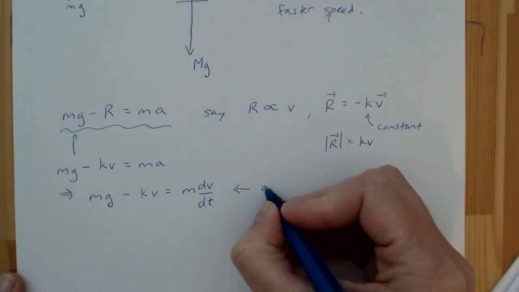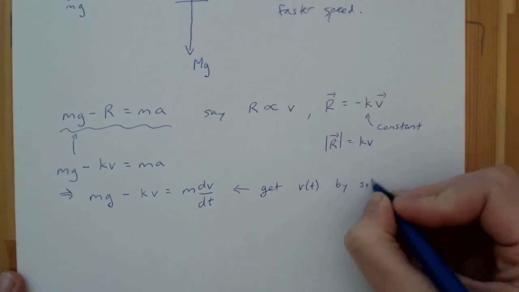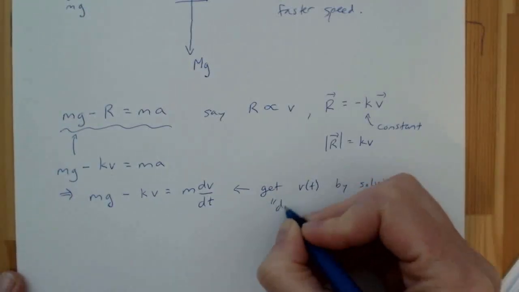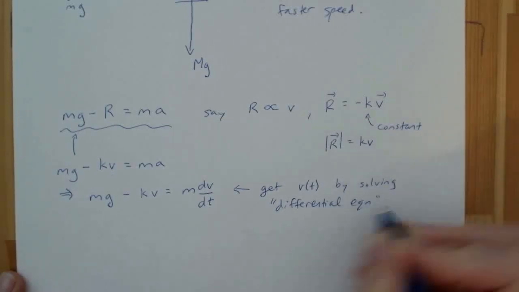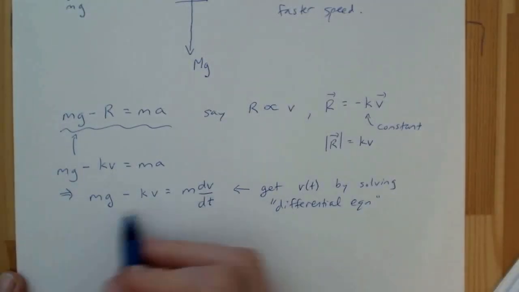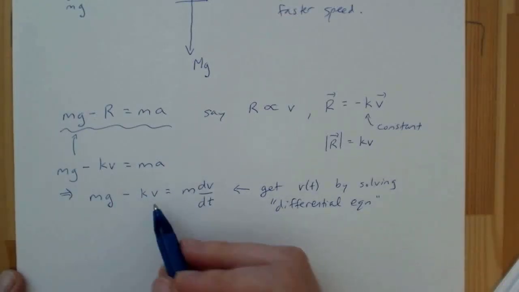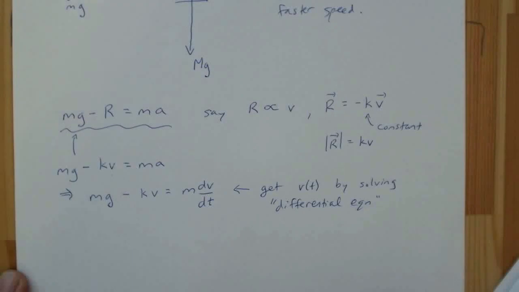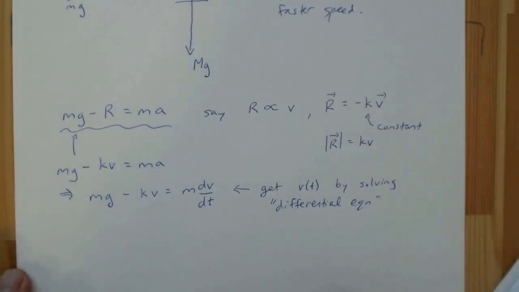So you can get velocity as a function of time by solving this so-called differential equation. And the reason it's a differential equation is because it's not our standard algebraic equation that has just constants, but instead now it involves the derivatives of some of the variables.